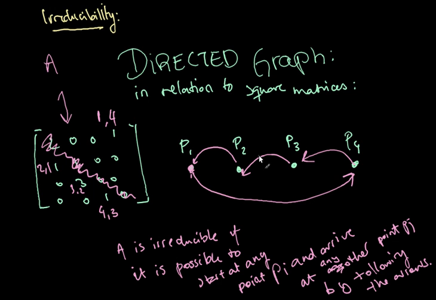So yeah, now you know how to construct the directed graph. Then you also know that if you have clusters of numbers in A, and you're able to arrive at any cluster of numbers from the other cluster, then A is irreducible as well. You can think about that statement.